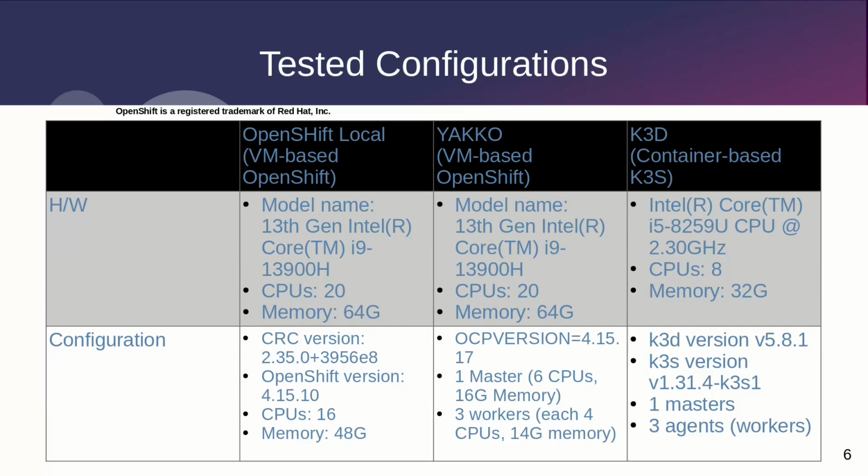And the OpenShift versions I used are 4.15.10 for OpenShift Local and 4.15.17 for Yacko. K3D, which is the latest, I think, is 5.8.1, and the K3S version is 1.31.4.